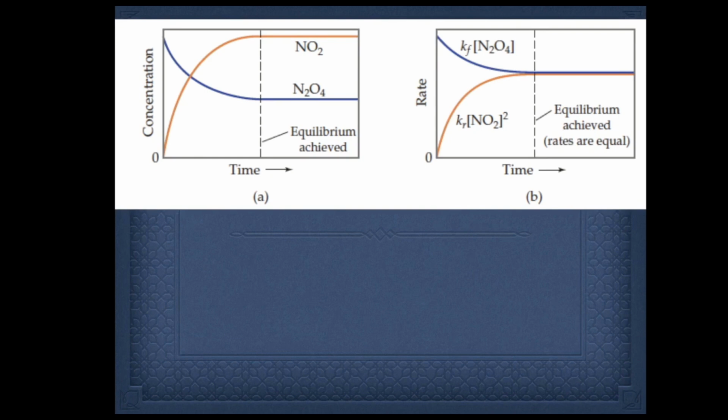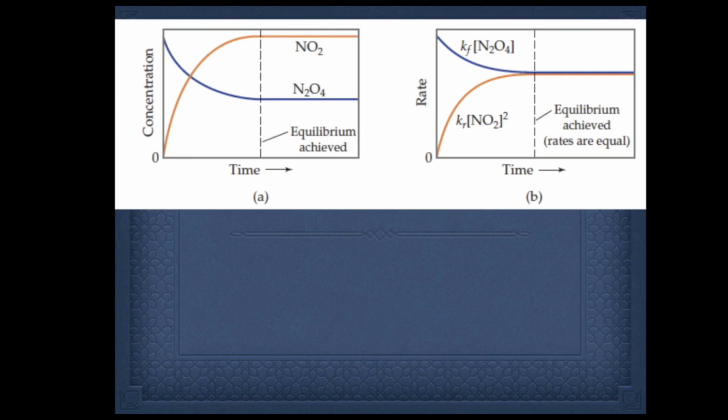So if you look here at these two graphs, at A, what this is showing you is that at time equals 0, you have N2O4, but you have no NO2. And what this graph is showing me is that even though I don't start off with any NO2, I will eventually reach equilibrium. And after that dotted line, what you should notice, since your y-axis is concentration, is that they're not equal.